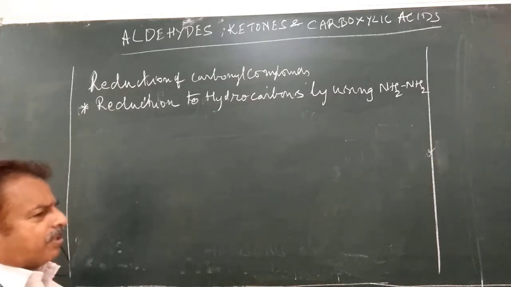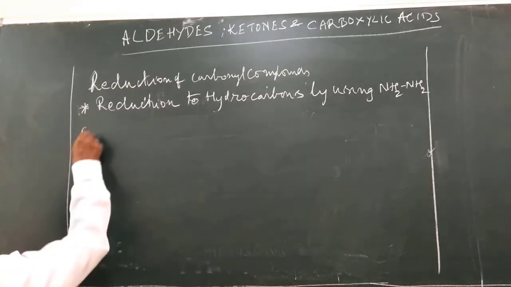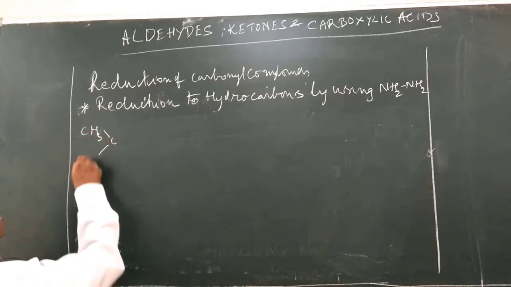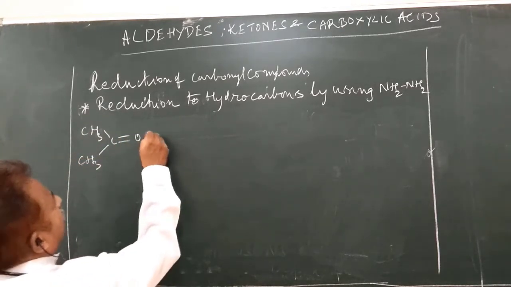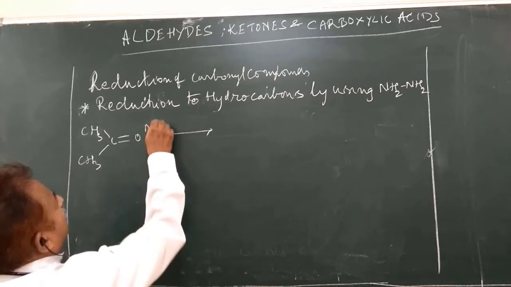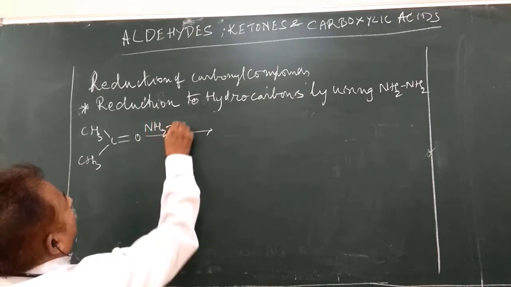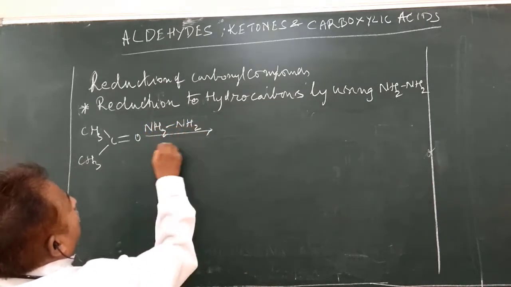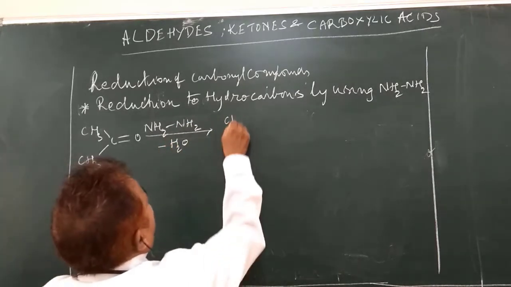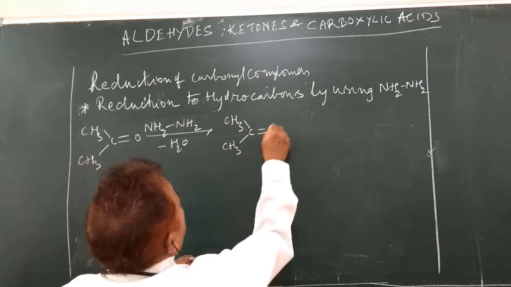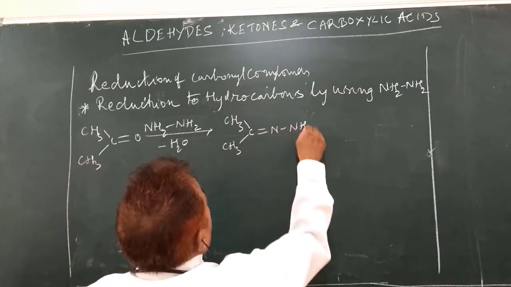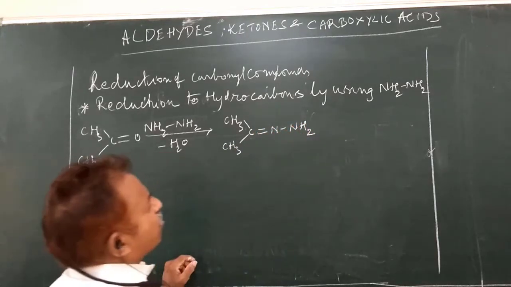Now we see the reaction with acetone, CH3COCH3. This is acetone in the presence of NH2NH2, that is hydrazine, minus water, we get the hydrazone. This is acetone hydrazone.